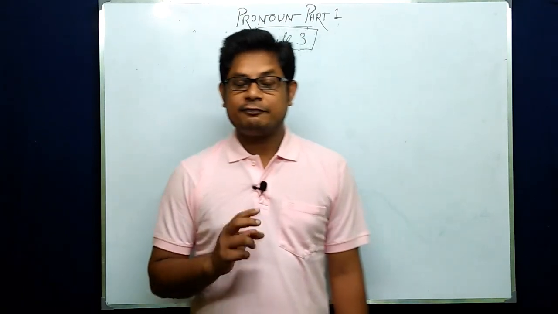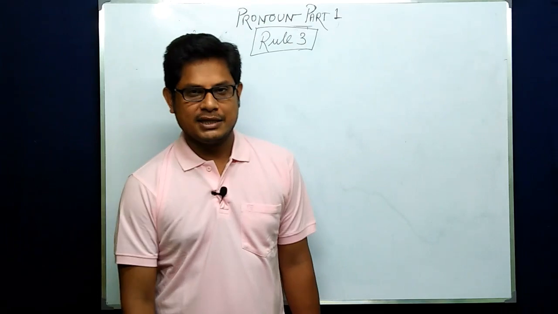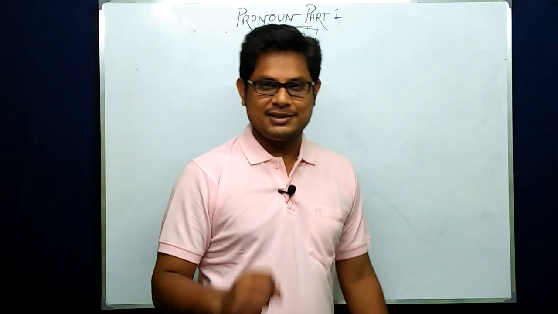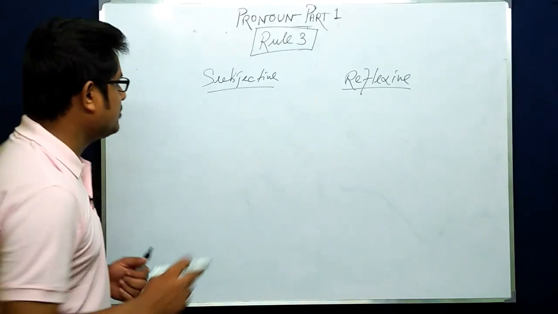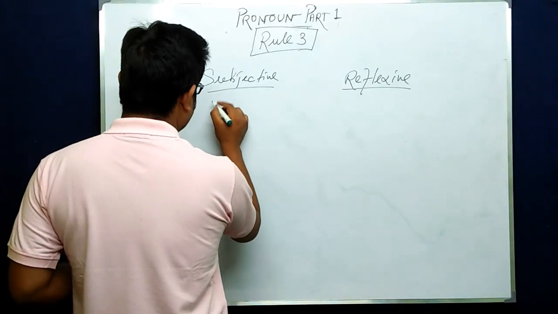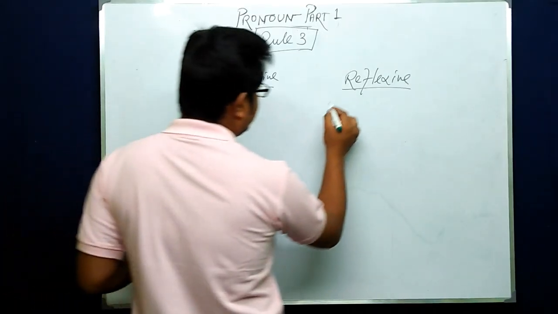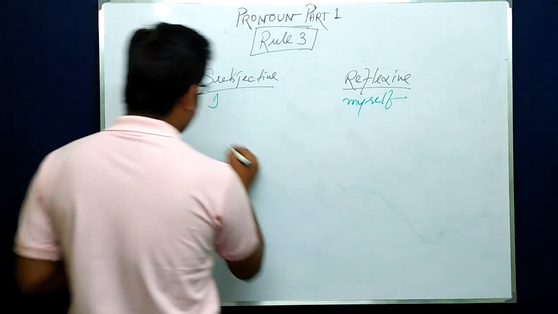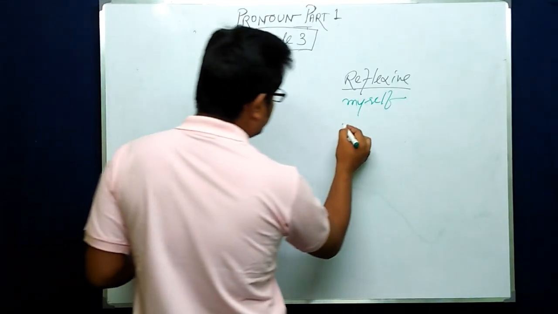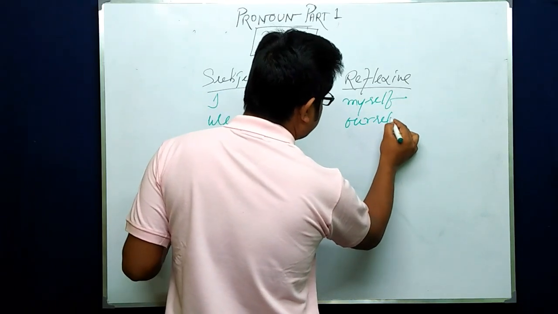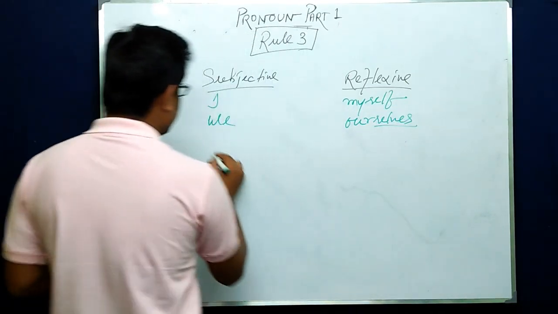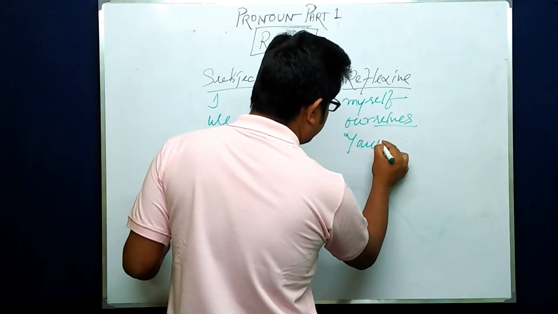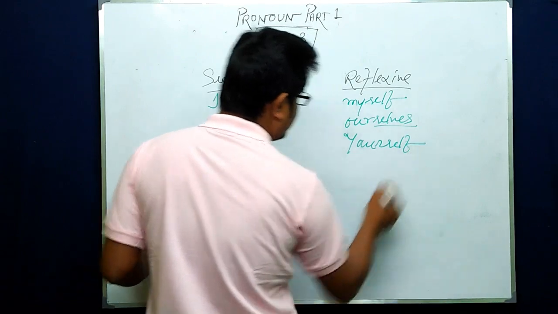So let's see. At first, let me give you a small list of reflexive pronouns. Let me show you subjective and reflexive pronouns. See, if it is I, then the reflexive pronoun would be myself. If it is we, then it would be ourselves. If it is you, then it would be yourself, right?